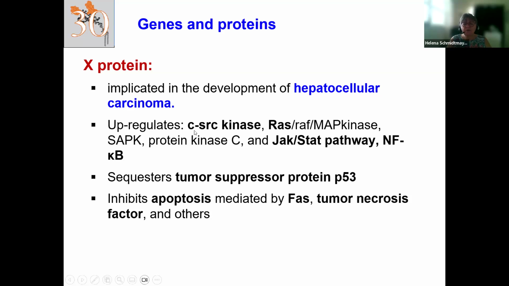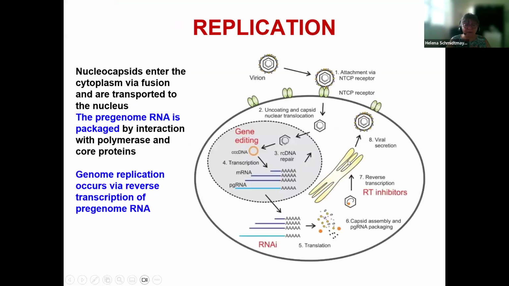So there's an enormous amount of functions, and it is very difficult to imagine how one protein can mediate all those, which led to its name X protein, resembling X-Files, a very secretive thing. So X protein is one protein with many different functions, which can lead to the development of hepatocellular carcinoma.